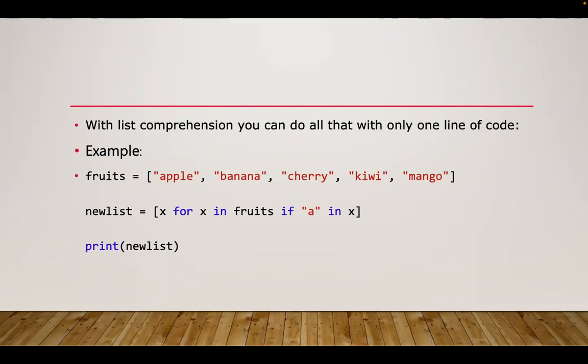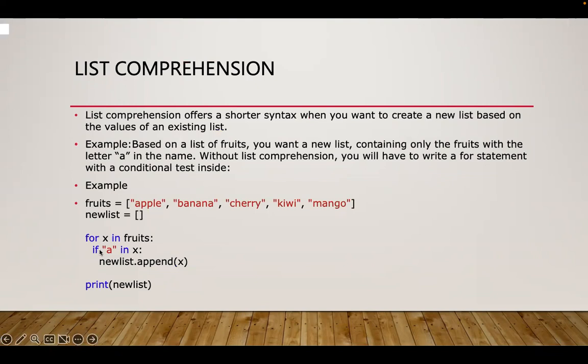It's new list equals x for x in fruits, that is fruit for fruit in fruits, if a in x. It's very confusing. So it works sometimes, but I'm not going to encourage you to write your for loop like this. The best way to write your for loop is the earlier way. It makes it look clean and understandable.